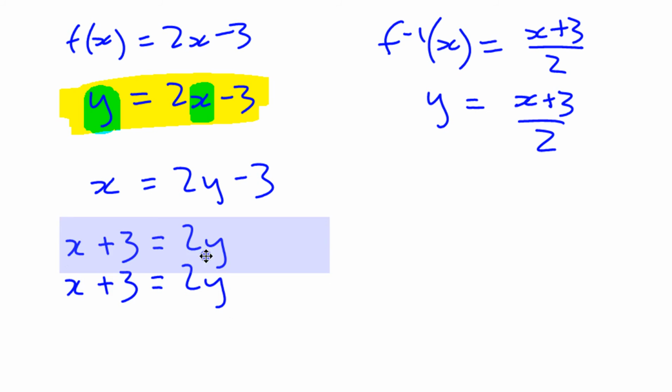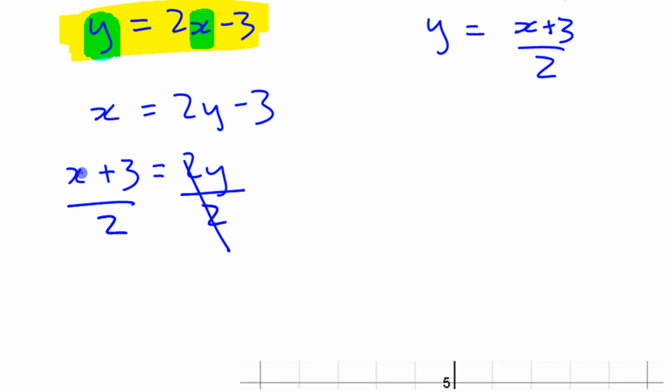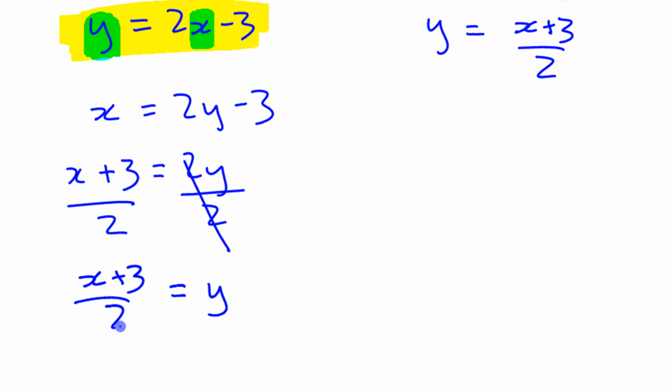And then once you've done that, to get that y by itself, you've got to deal with that 2. Some of you might think, well, I've got to divide both sides by 2 because then that cancels. That's a good way of thinking about it, because what you end up with there is y equals x plus 3 over 2, which is what we had over here.